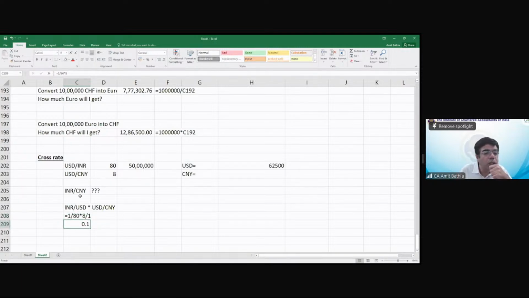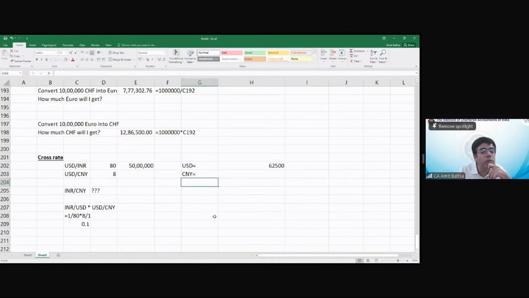Because it has to be 10 rupees, minimum. This is not working. How is that so? This 1 upon 80 into 8 upon 1 should work basically, but how is this not working? Anyway, let me rework that. This was something we did impromptu. I think somewhere we have made an error in classification.